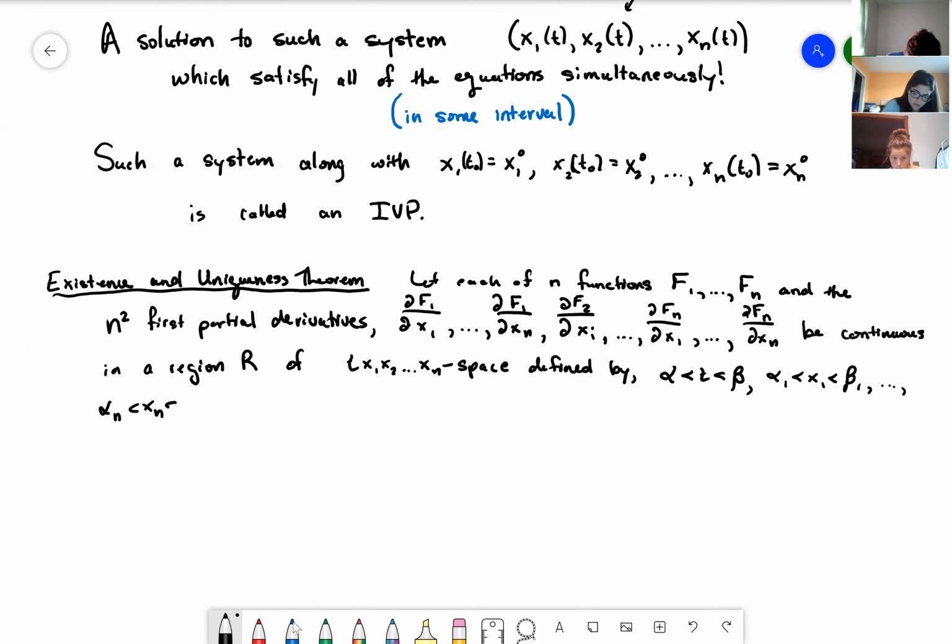So if we have all of these functions and all their partial derivatives are continuous within some region of this higher dimensional space, and that space contains this point, t0, x1, 0, x2, 0, up to xn, 0. So it's contained in that region.